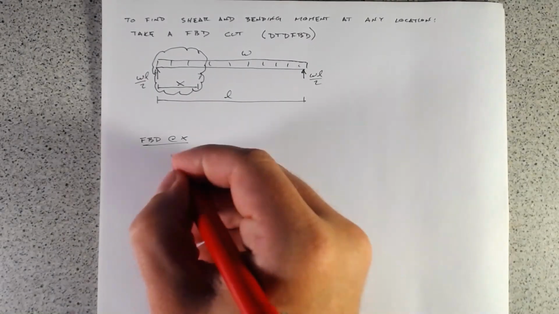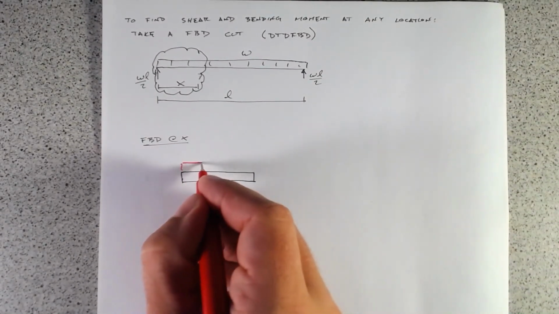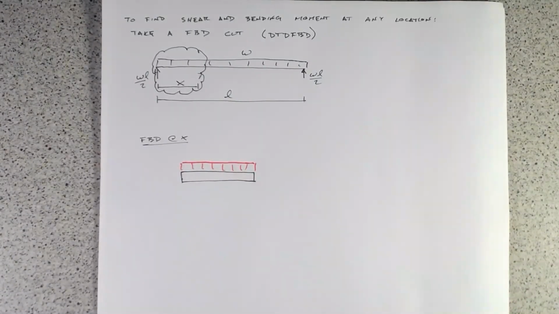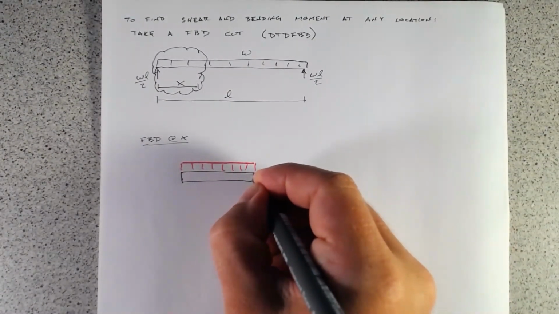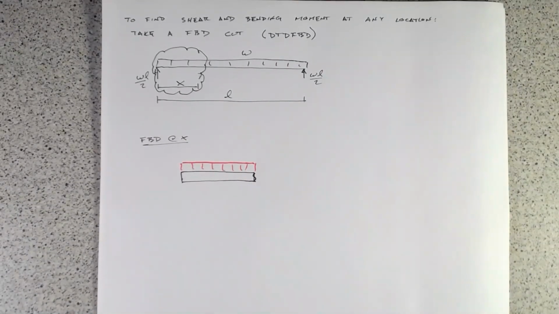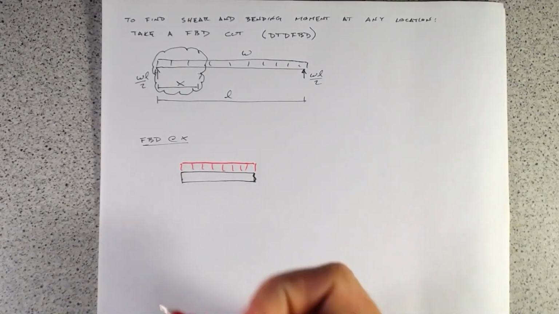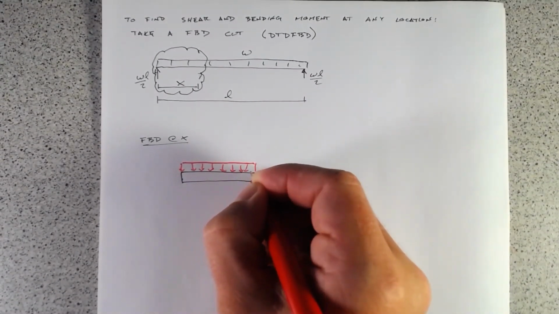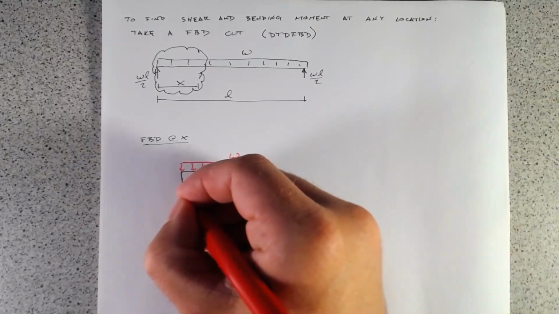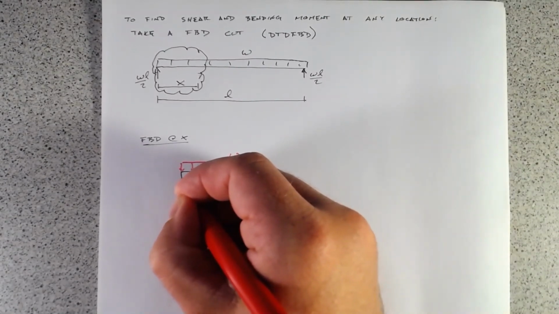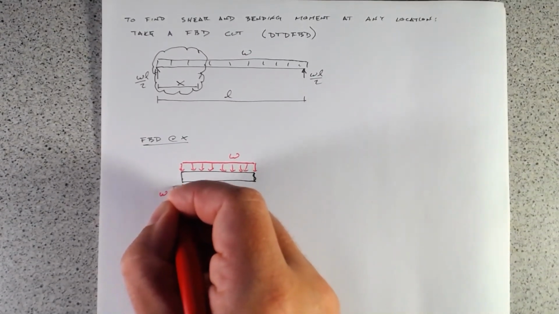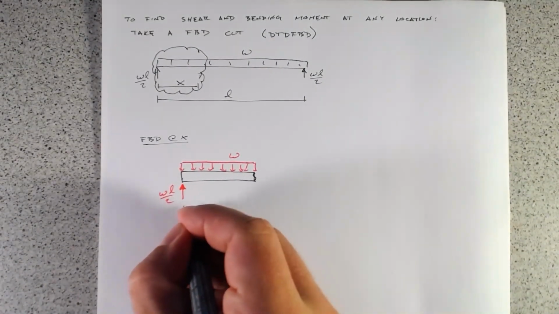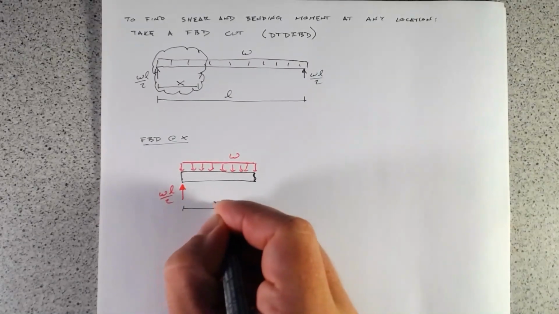That beam has some uniformly distributed load. In fact, I'm going to make the cut end a little bit jagged just to show that. And so that uniform load is W. It has a reaction WL over 2. And as I said, it's some distance x long.